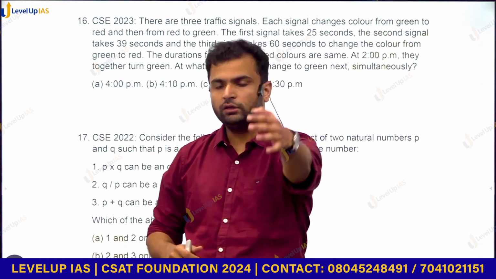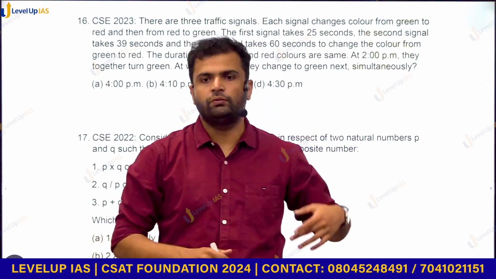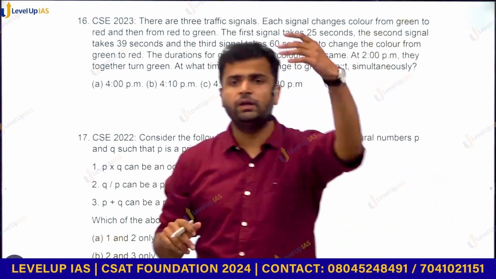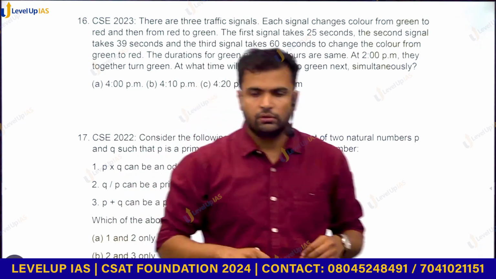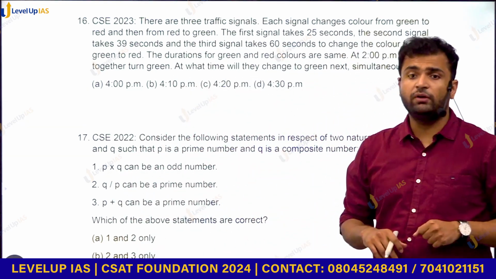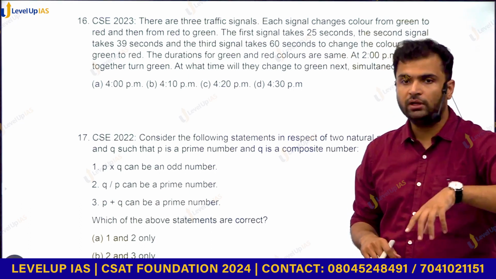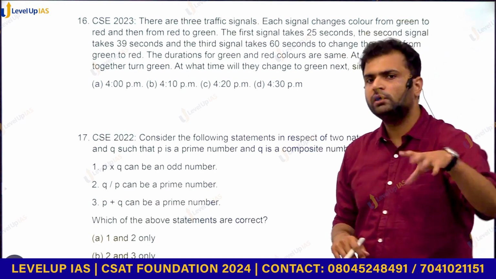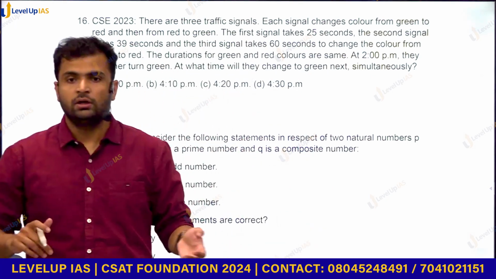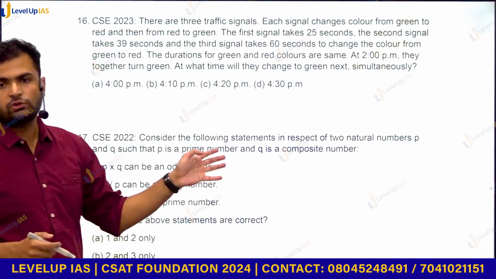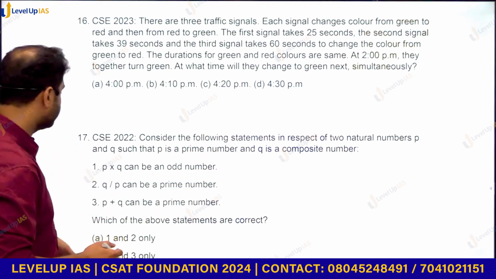After 39 seconds the second will turn again, and after 60 seconds the third will turn again. So whenever we want to find out after how much time it will happen together again, we invariably are talking about the least common multiple of these three numbers.